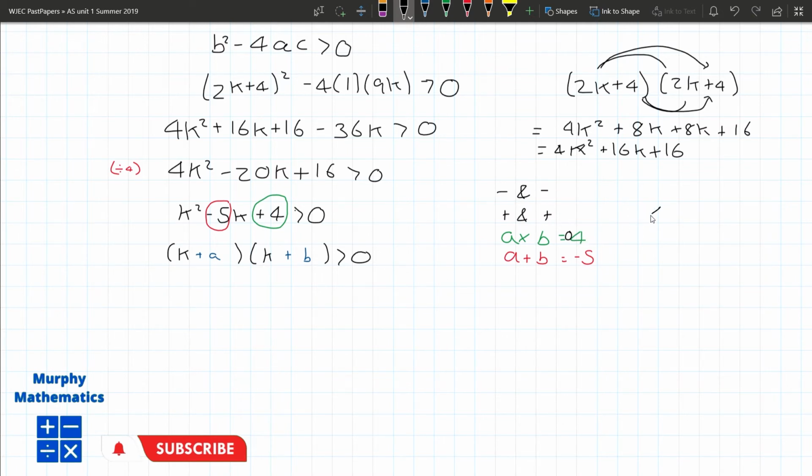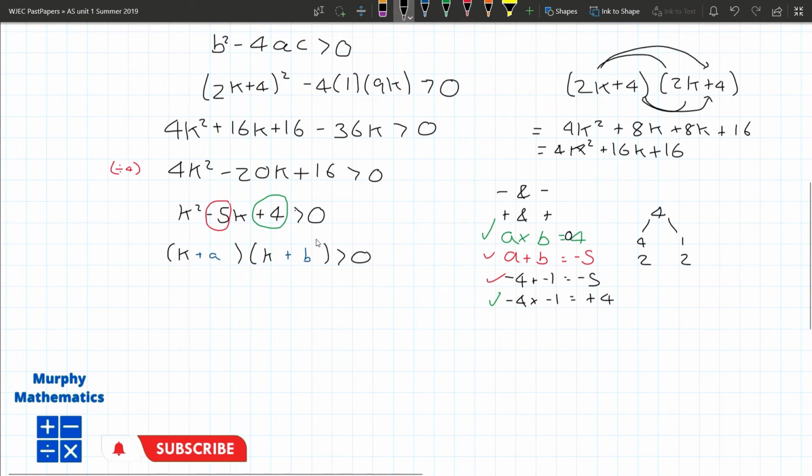And because it's 4, I'm going to find the factors of 4, which are 4 and 1 and 2 and 2. And so looking at this, I can use 4 and 1. So if I do minus 4 plus minus 1, that will give me minus 5. If I do minus 4 times minus 1, that will give me positive 4. So this second part satisfies the first green equation and the first part, the red equation.